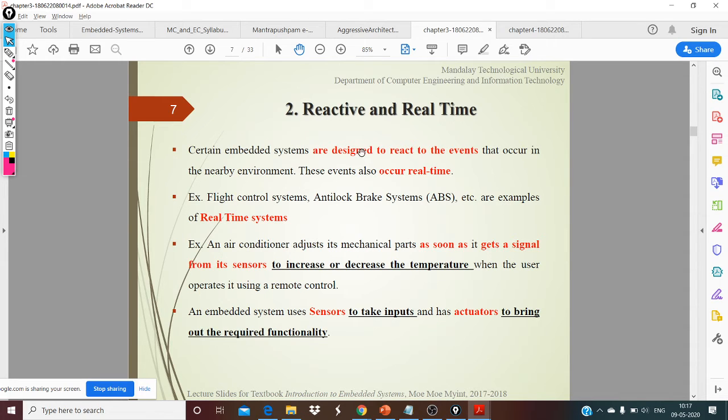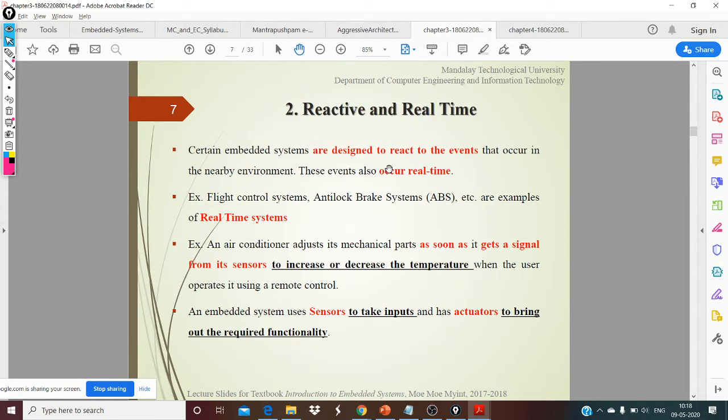Perfect. So that's about the real time aspect. You take a microwave oven and set a timer, like you want to heat up your coffee for 30 seconds or 1 minute. It has to stop at the 1 minute mark, and in that 1 minute it has to power the microwave signals and heat up the coffee as it is supposed to, and then stop exactly at the 1 minute mark.